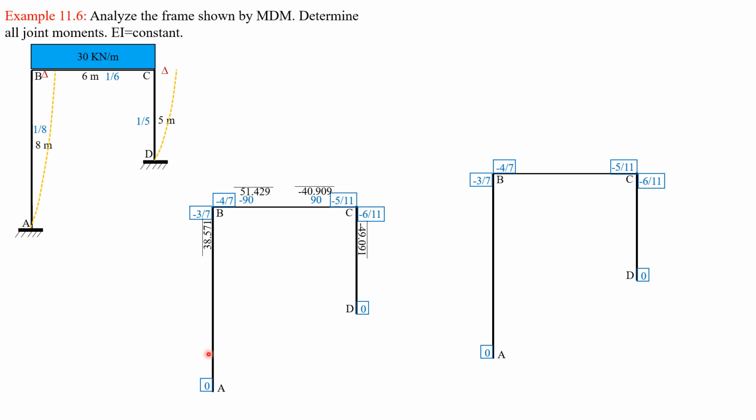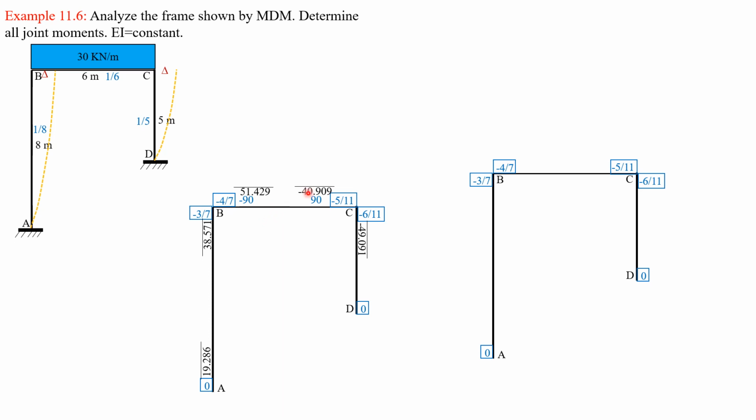Since there's no moment on AB, and this is 0, even if there is moment here, the distributed moment would still be 0, and we carry over that 0 moment here, so there's no moment that should be carried over here. Only from this moment here, distribute on this side. So we have half of 38.571, 19.286, lock partially.